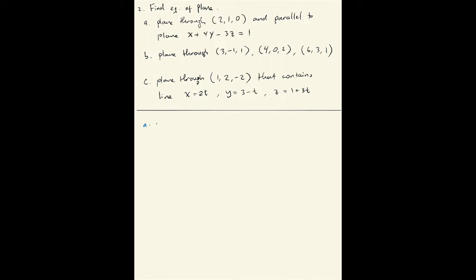So number A, the initial point is my 2, 1, 0, and parallel. Okay, parallel. So in this case, if you have the plane, you have the same normal vectors, right? And our plane is x plus 4y minus 3z.